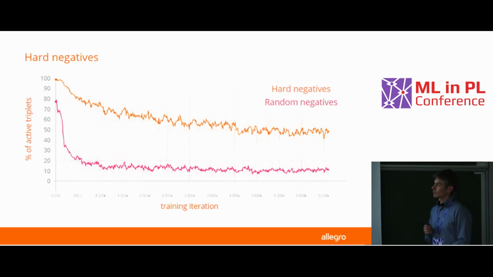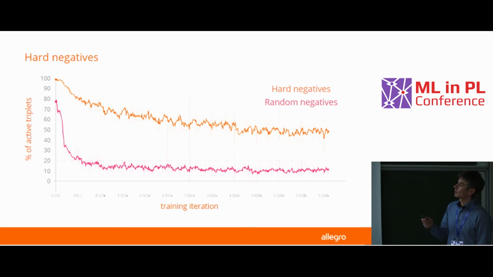Okay, so let's look at the chart showing how the percentage of active triplets, so these triplets that have positive loss function, decreases as training progresses. So for random negatives, we start with 80%, and it quickly drops to about 10%. So during most of the training, we are only learning from every 10th example.